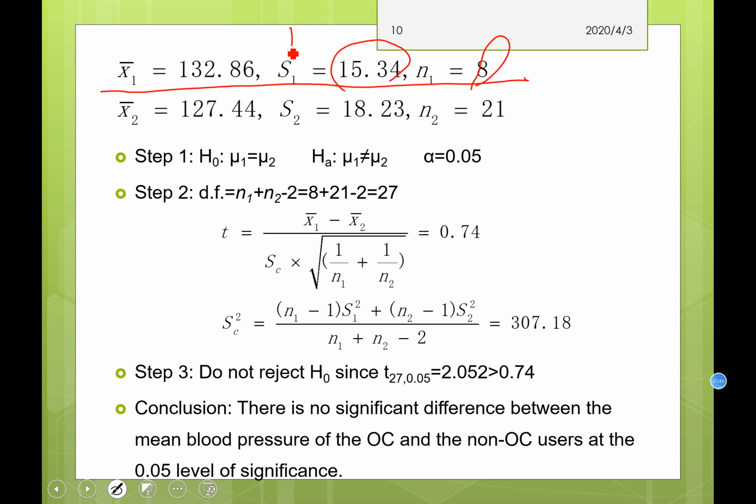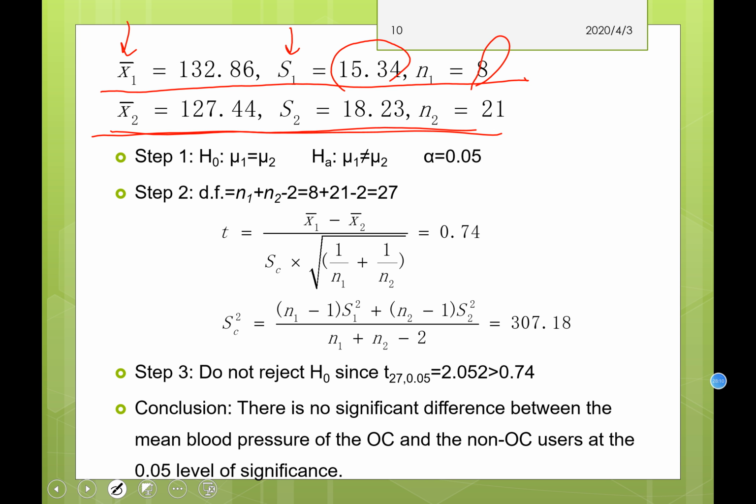We notice that this standard deviation is the sample standard deviation, so it's S, not sigma. This is the sample mean. And this one is sample 2. We can get its mean, standard deviation, and sample size.